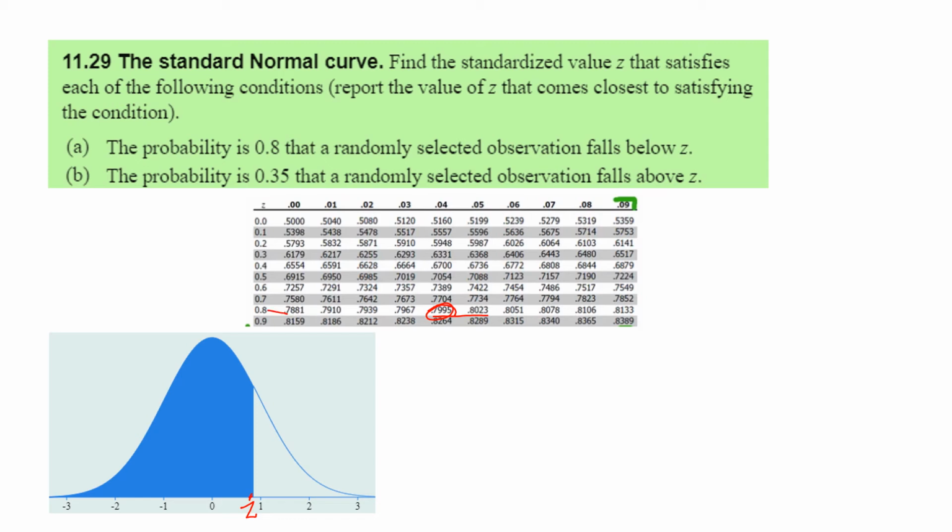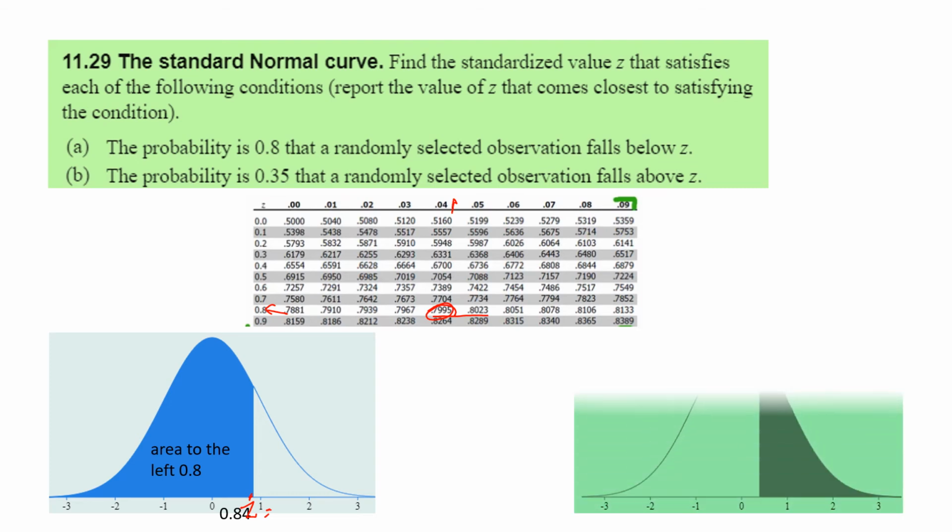So this corresponds to 0.84. See? So the area to the left is 0.8, and hence the z value is 0.84. So that is the answer for A.